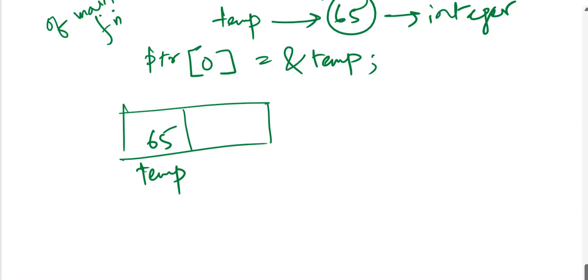Let's say it will store an address of 2025. Where is 2025 to be stored?